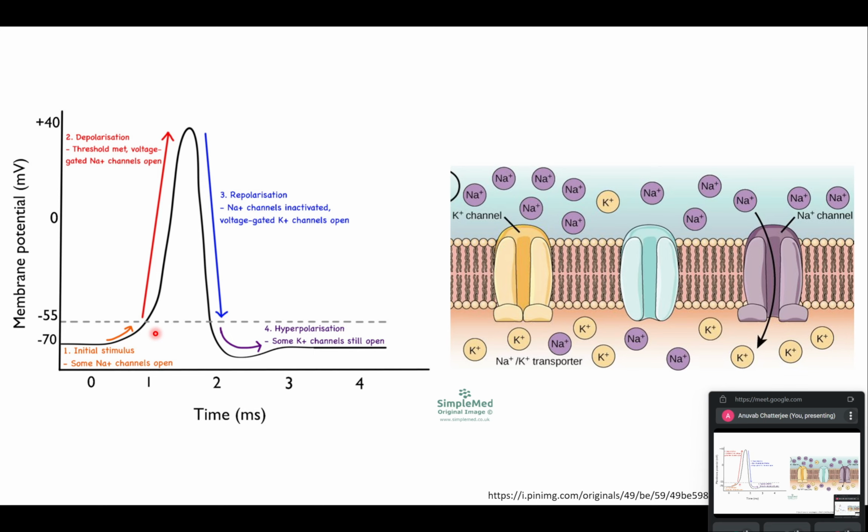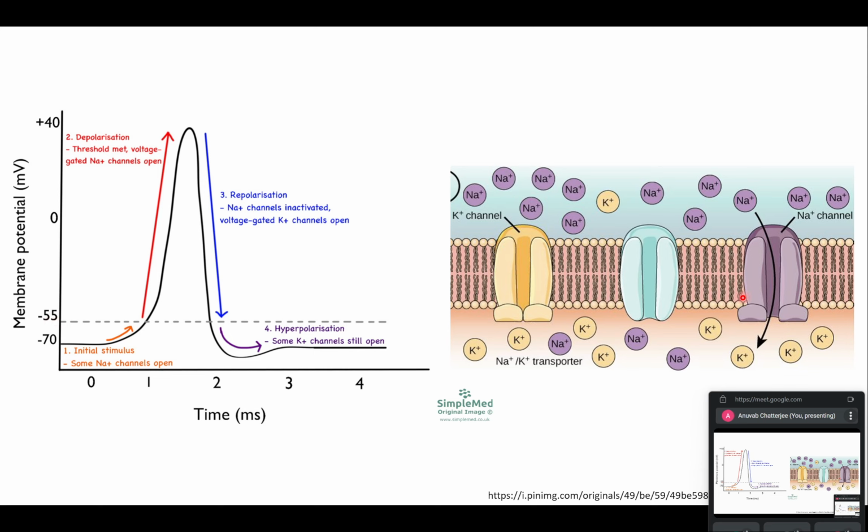Once this threshold voltage is crossed, the other channels start taking over. One of these channels is the voltage gated sodium channel. This voltage gated sodium channel essentially reacts to changes in voltage. So here we have a change in voltage from minus 70 to minus 55, and it immediately opens. It is a fast acting channel.